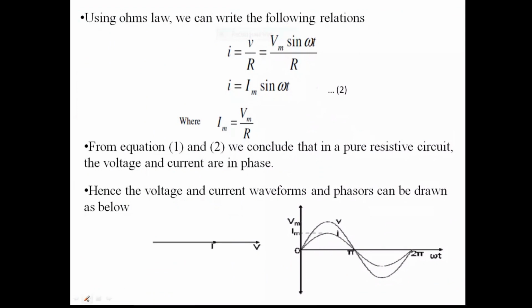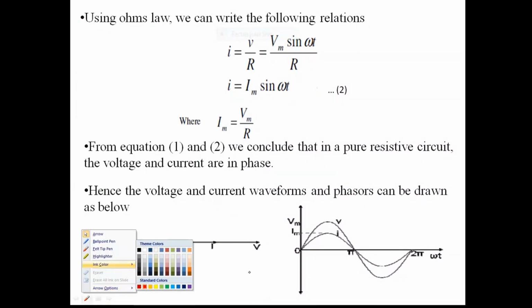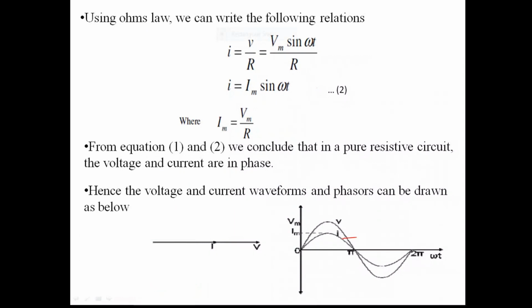Therefore, there is no phase shift in these two expressions. See here, when the voltage waveform starts at 0, the current also starts at 0. Voltage attains its maximum value at this point, and current also attains its maximum value. Once again, when voltage becomes 0 at pi, current also becomes 0. Therefore, we say both are in phase.